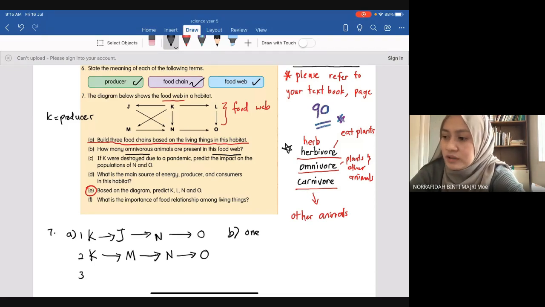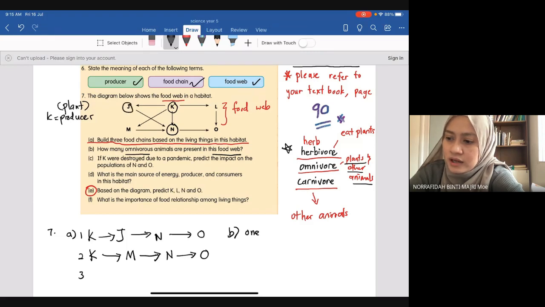Omnivorous animals mean animal that eat plants and other animals. So which one? K is producer, right? K is plant, not animal. N, yes, correct. N is the omnivore. Why? Because N can eat the plant, and also can eat animal.